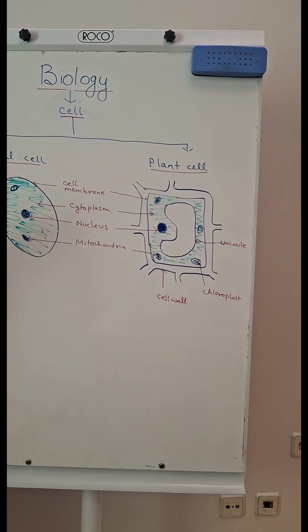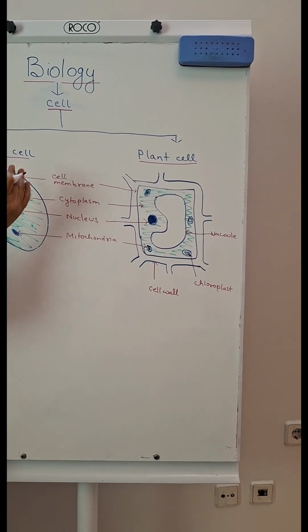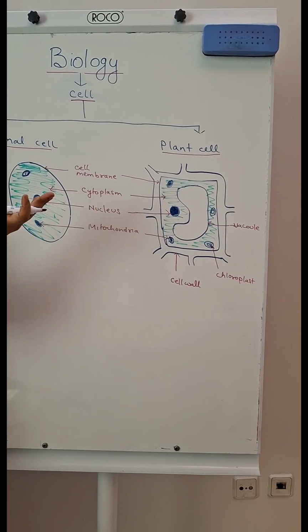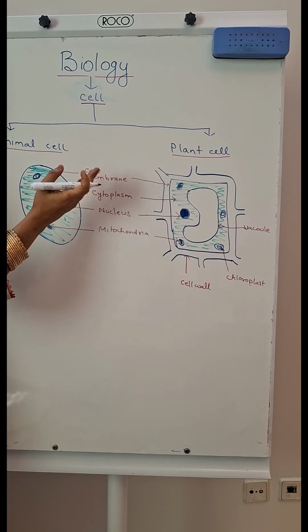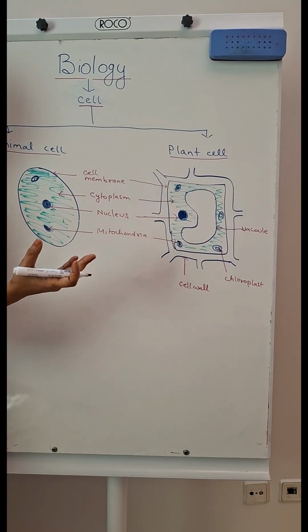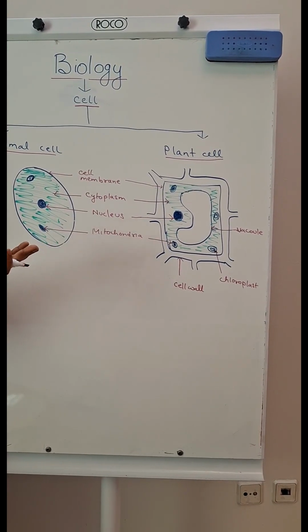Now, as I told you in the beginning of my class, we will first understand the position of these cell structures. That means where the cell membrane is present in the cell, where the cytoplasm is present, where the nucleus is present and how it looks.